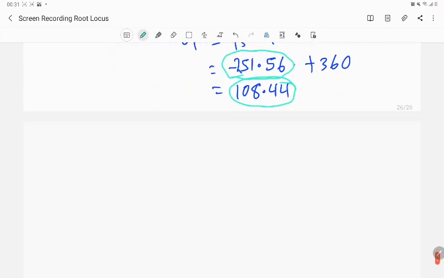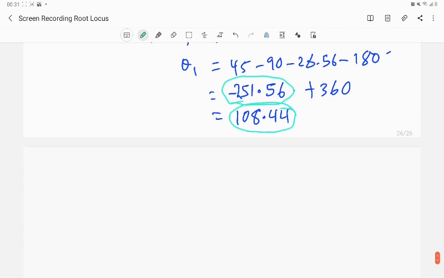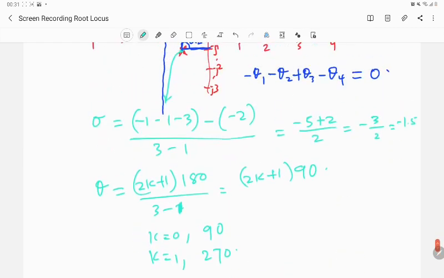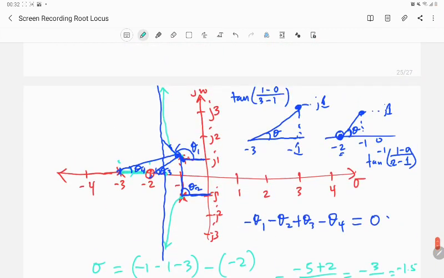Anyway, this tells me that the angle of departure from the complex roots will be theta 1 equals, as we found, minus 251.56, and theta 2 equals 108.44.